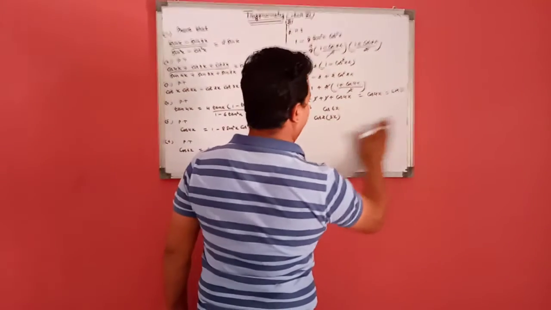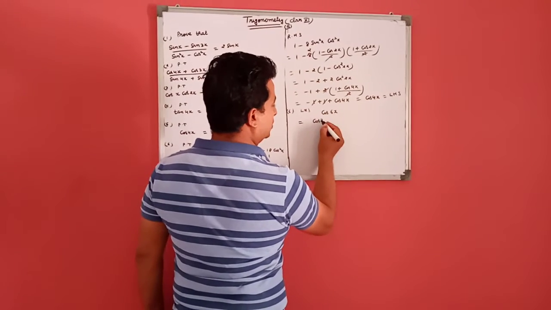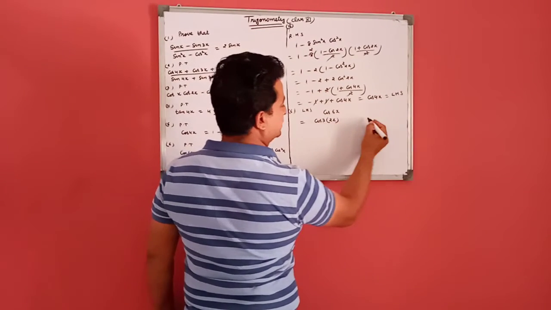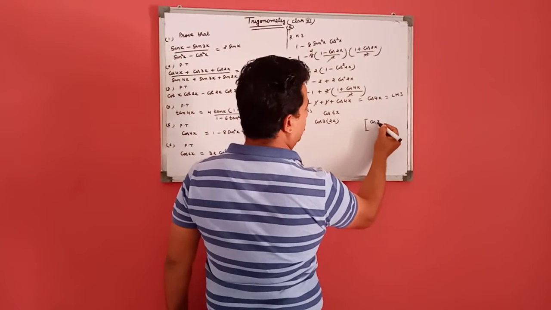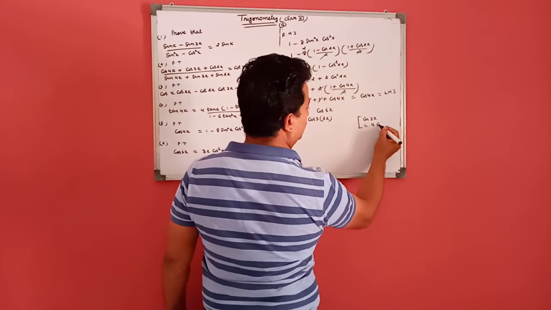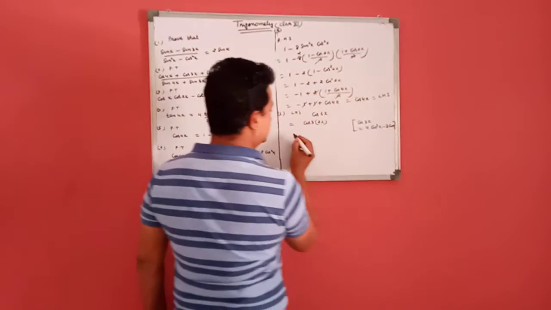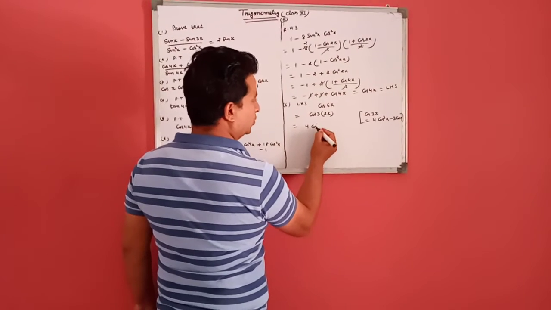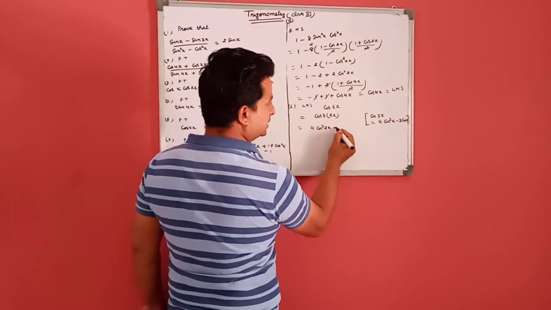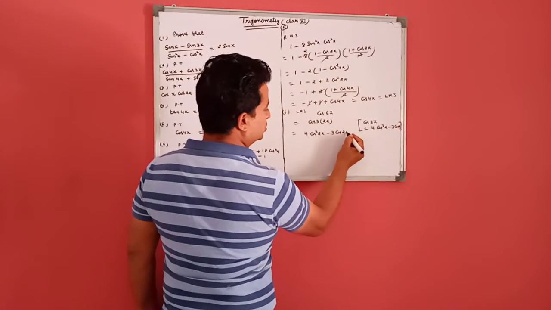In simple, we write first this as cos 3 into 2x and apply cos 3 theta as 4 cos cube theta minus 3 cos theta. This is the simple way. 4 cos cube 2x minus 3 cos 2x.